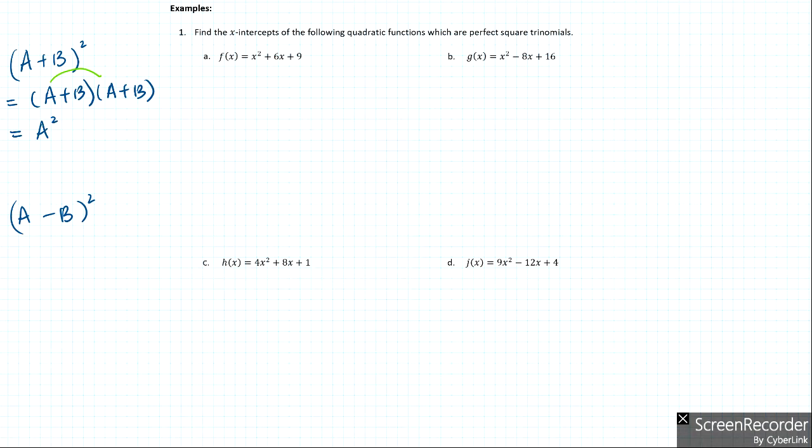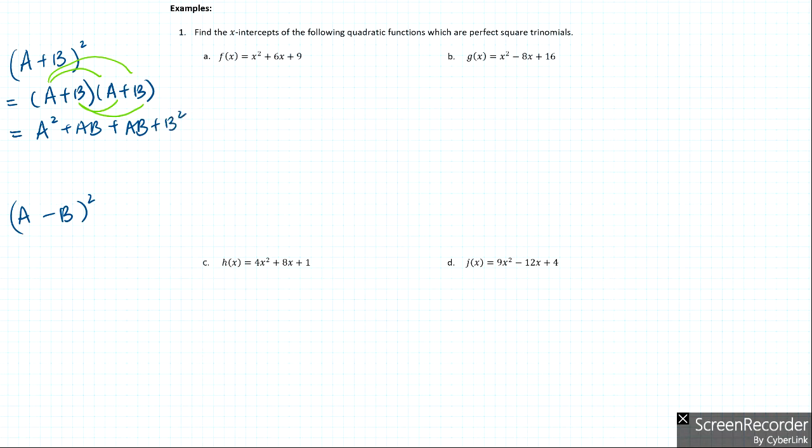Plus the outside, a times b, is ab. Plus the inside, b times a, and for multiplication the order doesn't matter because of the commutative property, so we can write it as ab again. And last, b times b is plus b squared.